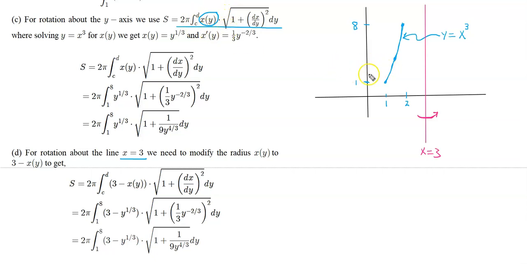Now this is where it comes in handy to draw a little frustum. So what we want to do is draw a small thin frustum from your curve to the axis of rotation like this. So that represents a thin frustum. You could put a little thickness to it like that if you want.